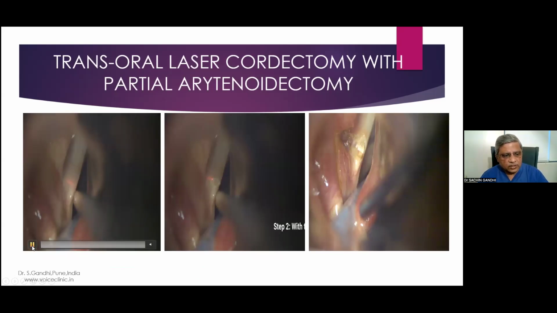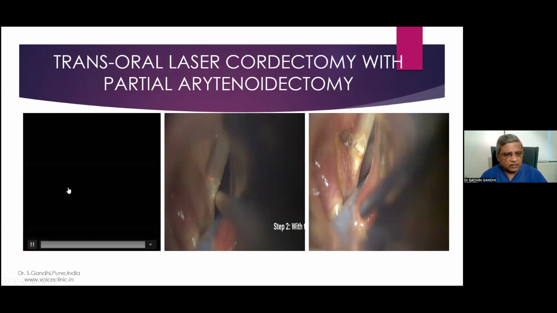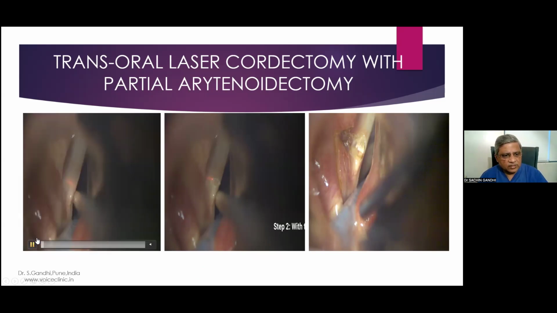We're just going to see the classical microlaryngoscopy with partial posterior third chordectomy and arytenoidectomy. So this is the incision mark just anterior to the vocal process.